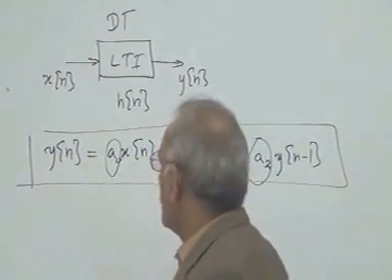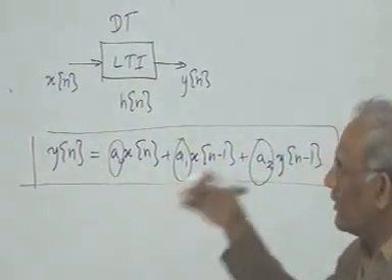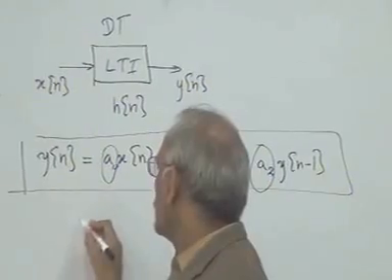I will use the system which is given there. If we take all the y's on the left hand side and all the x's on the right hand side, we may have a situation like this.